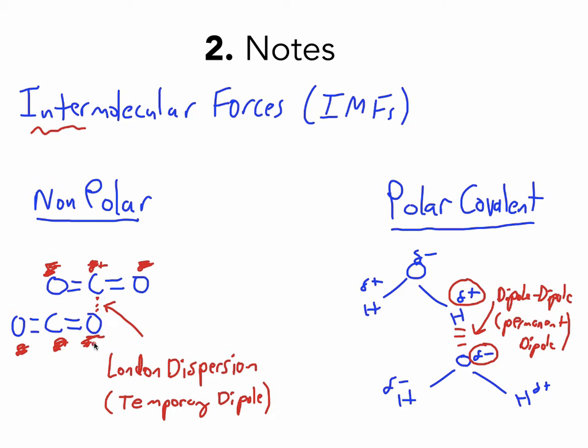So in summary, we have two types of intermolecular forces. We have London dispersion forces, which are weaker, caused by this temporary dipole that exists once in a while between the partially positive and partially negatives within the nonpolar molecule. And we have a permanent dipole, which creates this dipole-to-dipole intermolecular force.